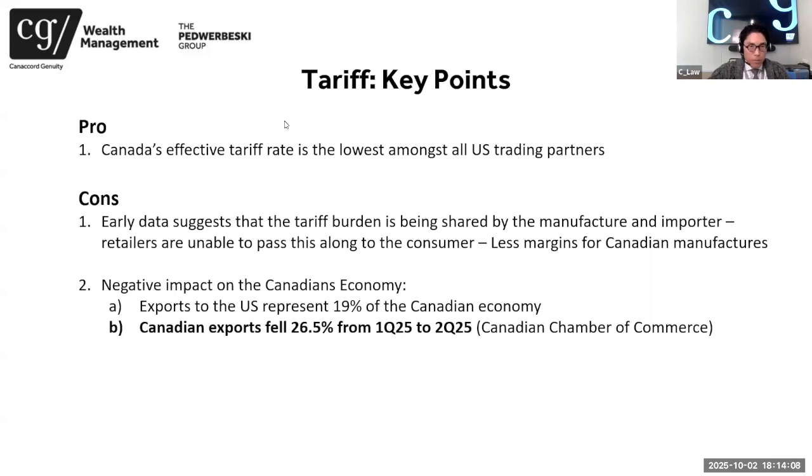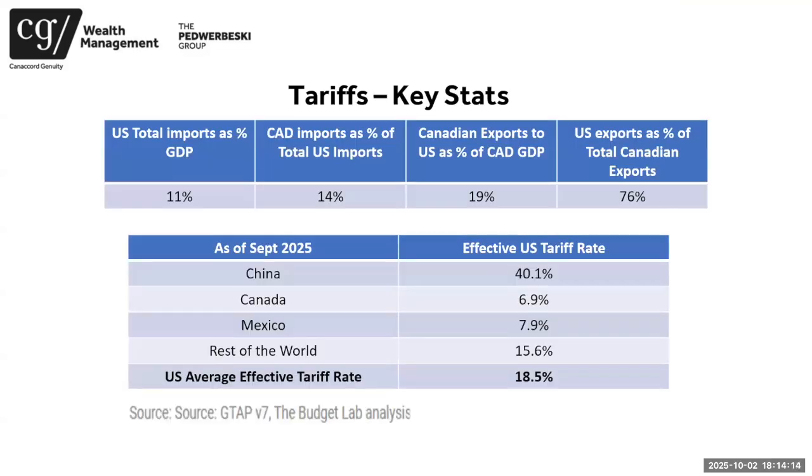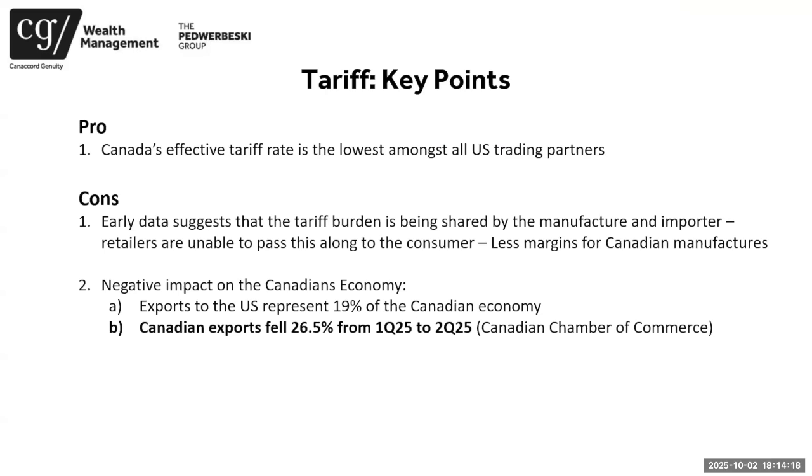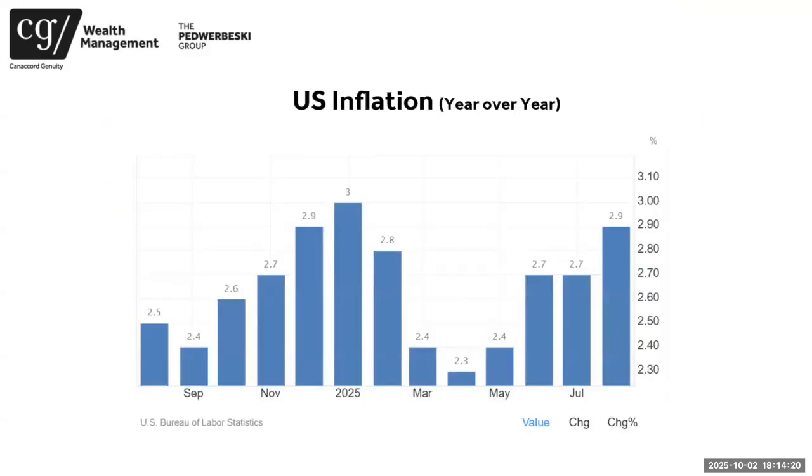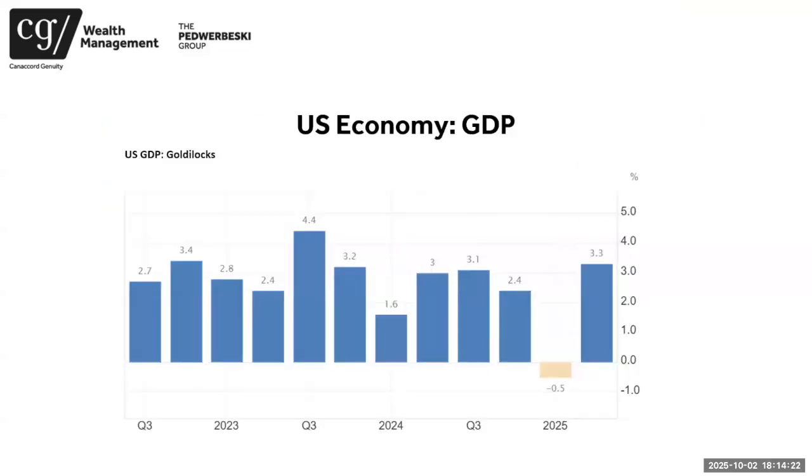Anybody else? Chris, yes. On the last slide, or the previous one, you showed an increase in the third quarter, or the last quarter recorded, of US sales, GDP growth. And the previous one to that was purchasing a lot of stuff in the United States in anticipation of the tariffs kicking in. That's correct.